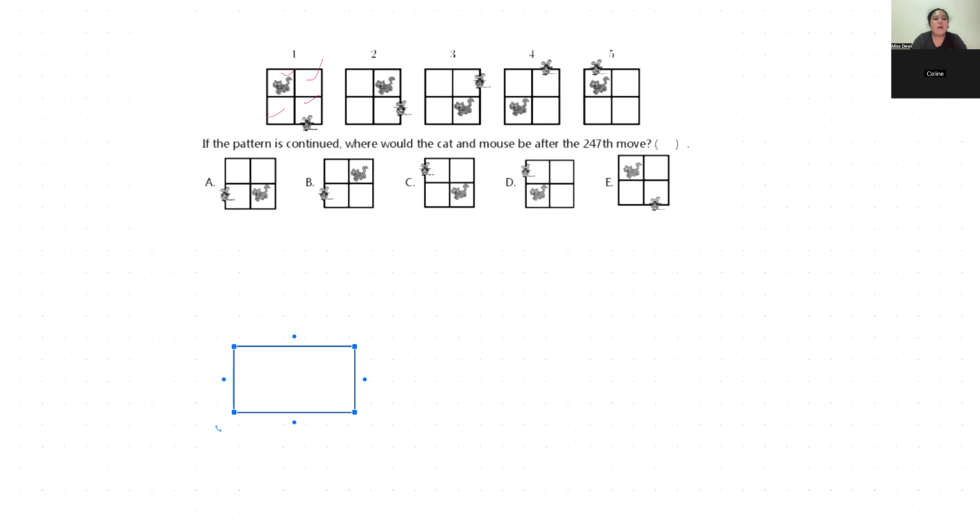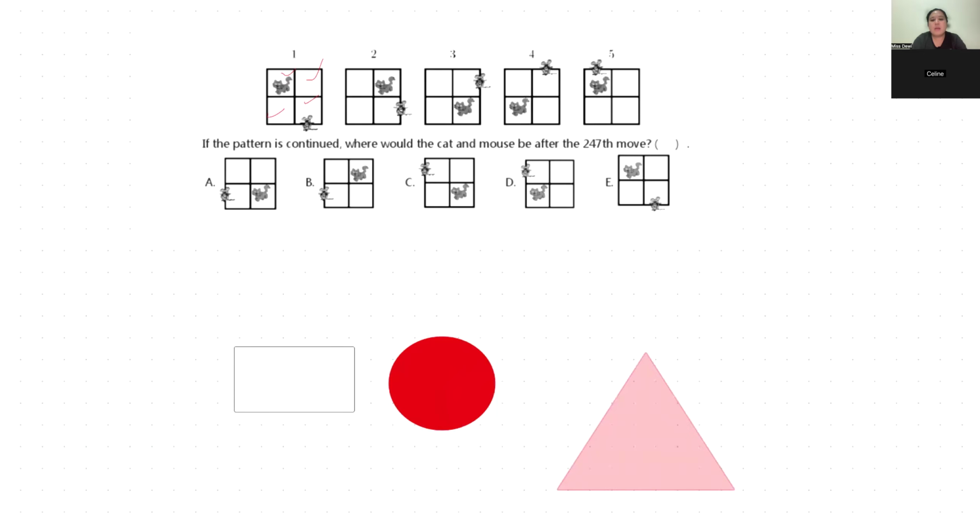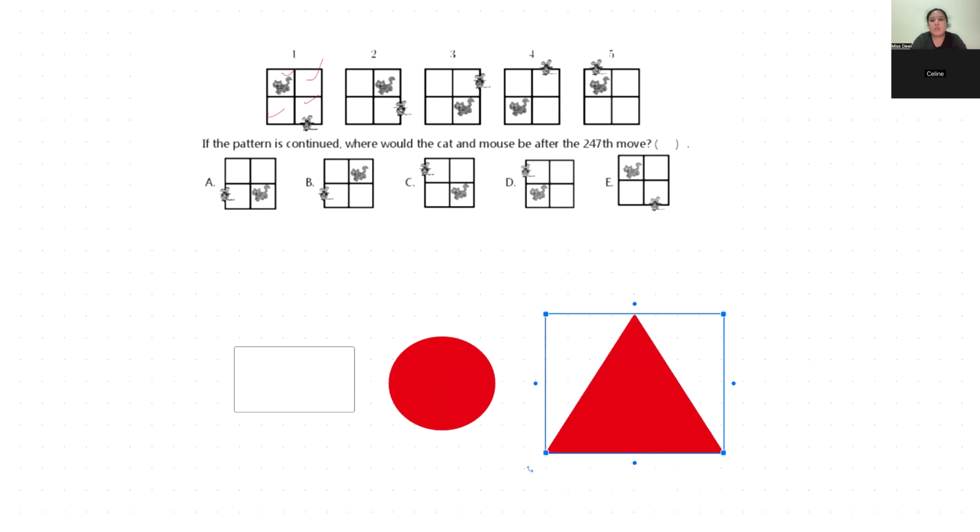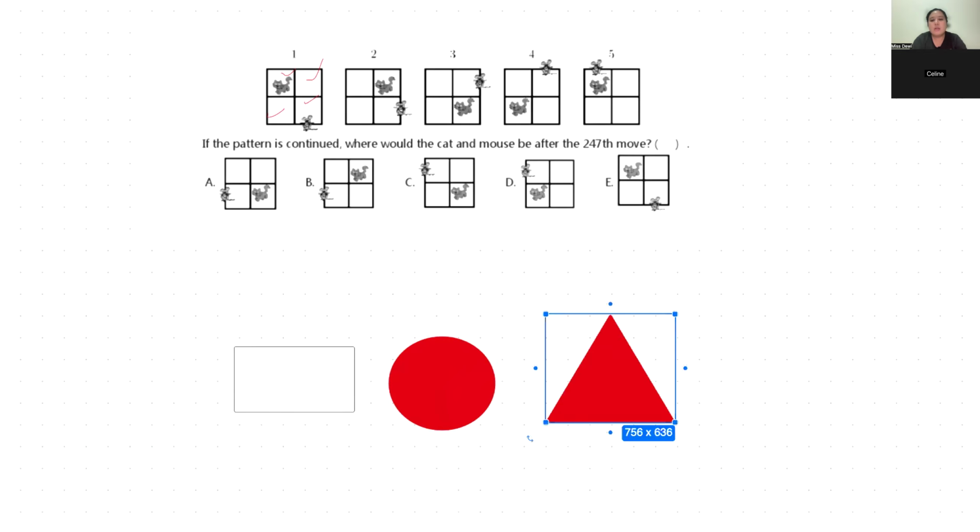And then for the next pattern, Miss Dewi makes this circle, let's say, with red color. And then the next pattern, Miss Dewi makes this triangle again, with the same size but with a different color.